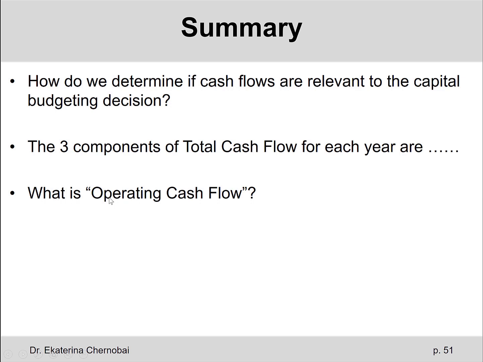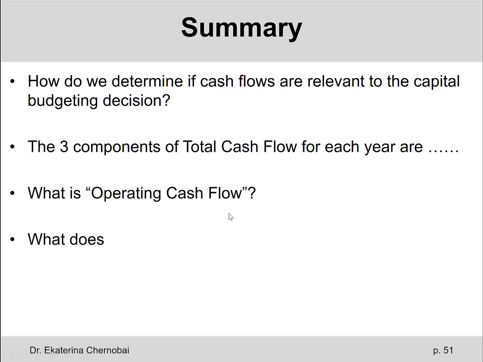So this is similar to what accountants calculate in an income statement, the bottom line, net income, except in finance we also add depreciation back to it, and that's how we find the operating cash flow, because depreciation is not a true expense.